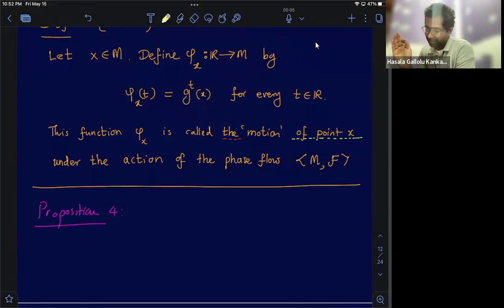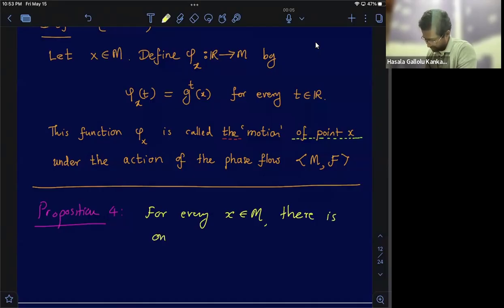So the next one is, for every x, there is one and only one motion.